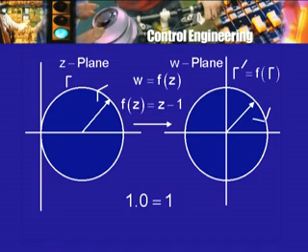So what will be the map or image of this contour in the w plane? As we saw, we are simply subtracting 1 from z, so this whole circle will shift by 1 unit to the left, and therefore the image will be the unit circle in the w plane centered at the origin.